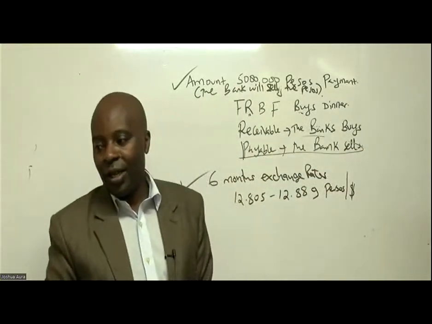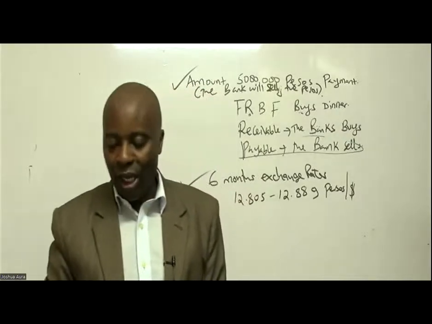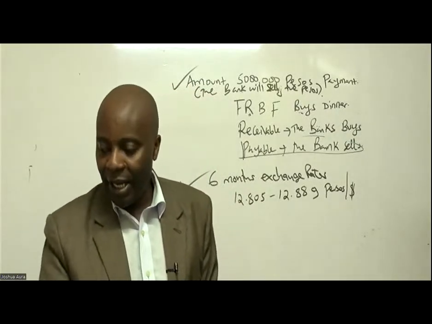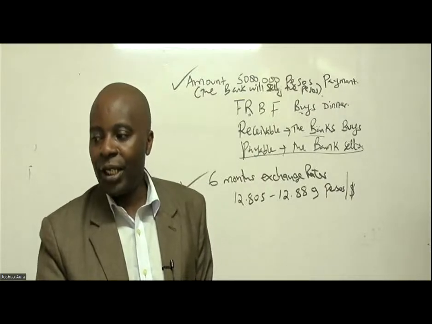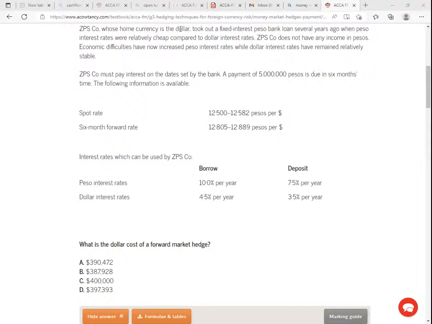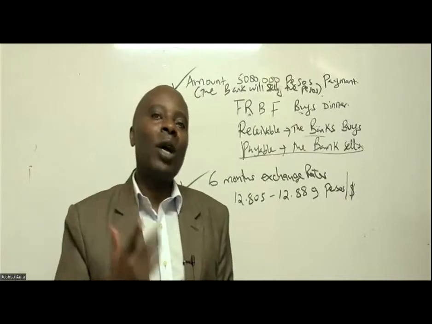Now tell me which currency. They have told us up there that ZPS uses the dollar, whose home currency is the dollar. So I need to look towards my home currency.